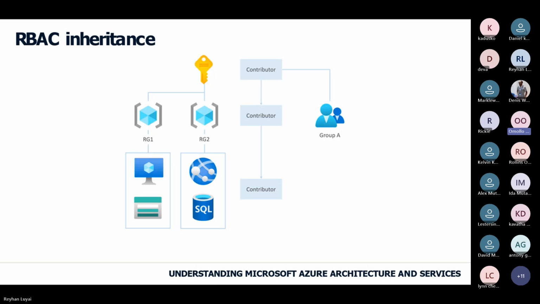A good example, if I build a web application today, my web application will need a static web app, an app service for my APIs, Cosmos DB for my database. I will need Azure Key Vault for storing my .env keys and everything. I will need a CDN for global distribution of my traffic. Now, these make a resource group, which means if I give ownership to this group, it will be able to control everything that is inside here.